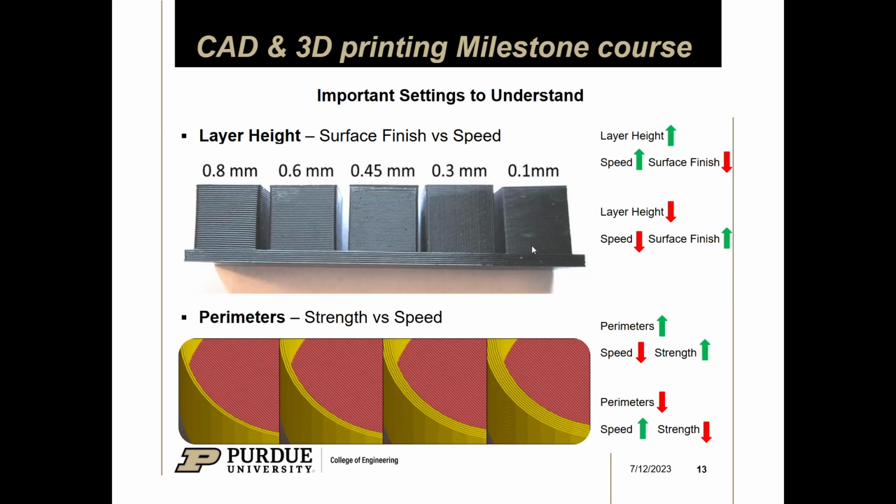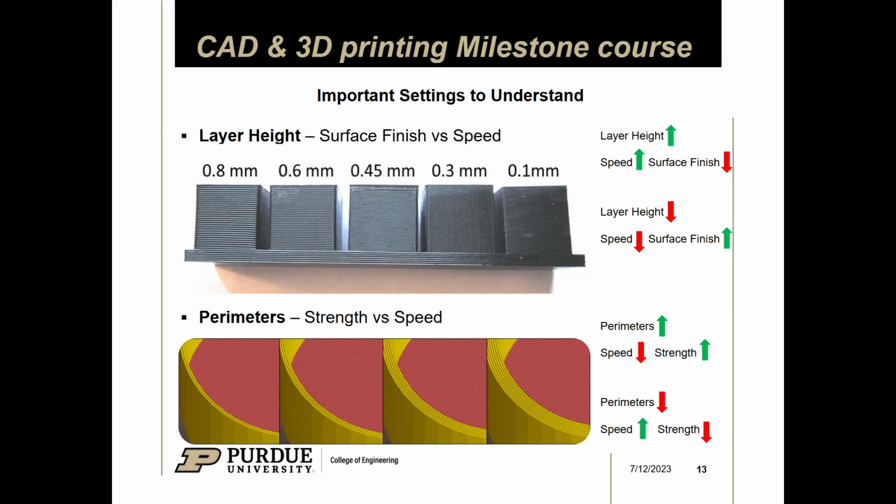A 0.1 millimeter layer height looks really nice, especially when you're printing fine details. But because of the increased number of layers the printer has to make, it takes a lot more time, right? If you print the same model at 0.1 millimeters and 0.8 millimeters, the 0.8 millimeter print will be about 8 times faster, because it has 8 times fewer layers to reproduce.